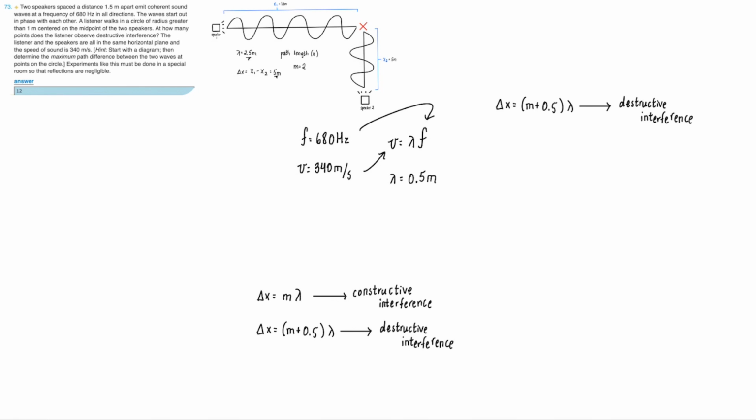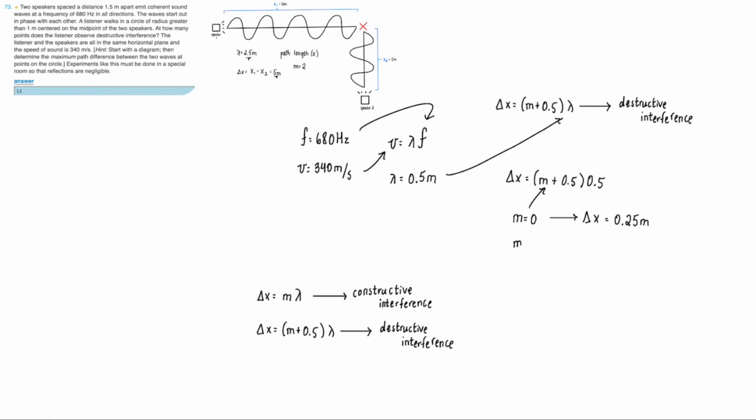Now let's plug this calculated wavelength into our destructive interference equation over here. So we would end up with path length difference is equal to m plus 0.5 times 0.5. If m were equal to 0, we would obtain a path length difference of 0.25 meters.